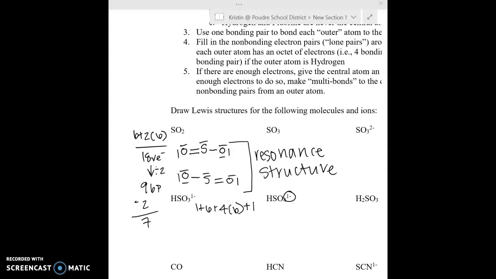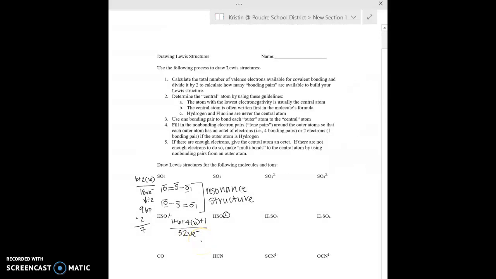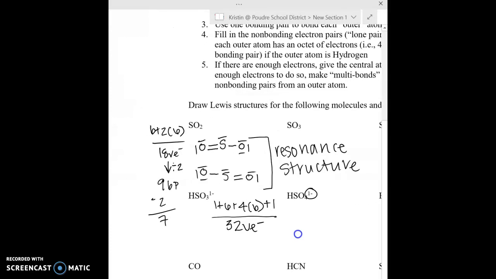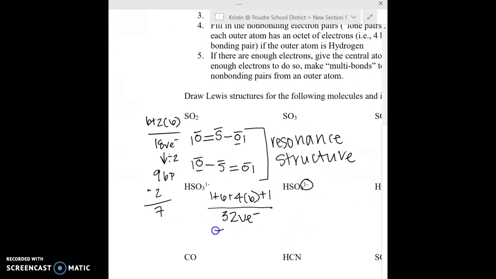Okay, so then we'll total that up, and that is 32. So 32 valence electrons divided by 2 is 16 bonding pair.